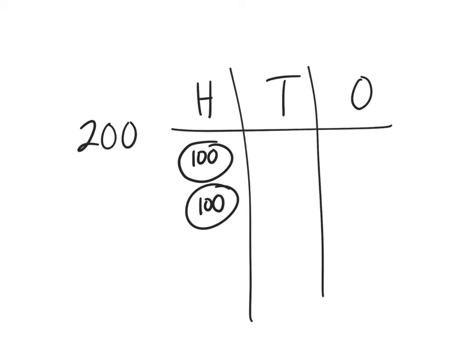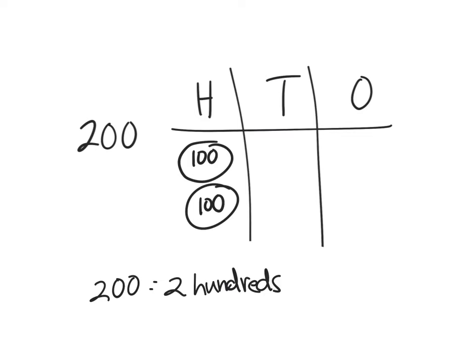I'm going to make my place value chart a little smaller here. I could say that 200 is equal to 2 hundreds, because I have two of them. I have 100 here and another 100 here. That's 2 hundreds, which is the same as 200.